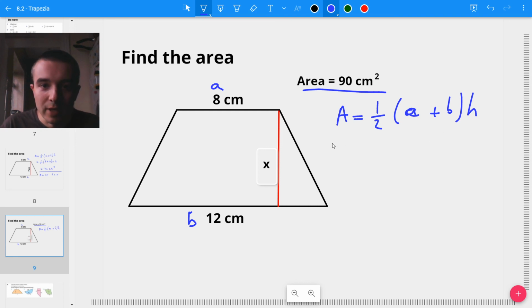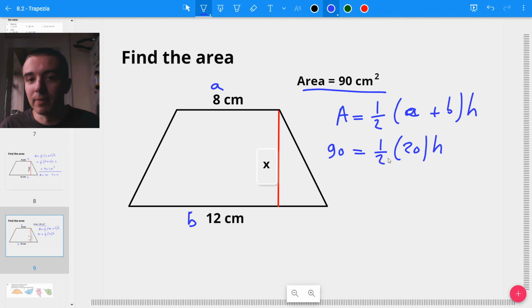So let's put in the numbers. Area, which is 90, equals a half bracket a plus b, let's work it out, 12 plus 8, that's 20, times the height, which is x, or unknown. A half of 20 is 10, so 90 equals 10 times the height.